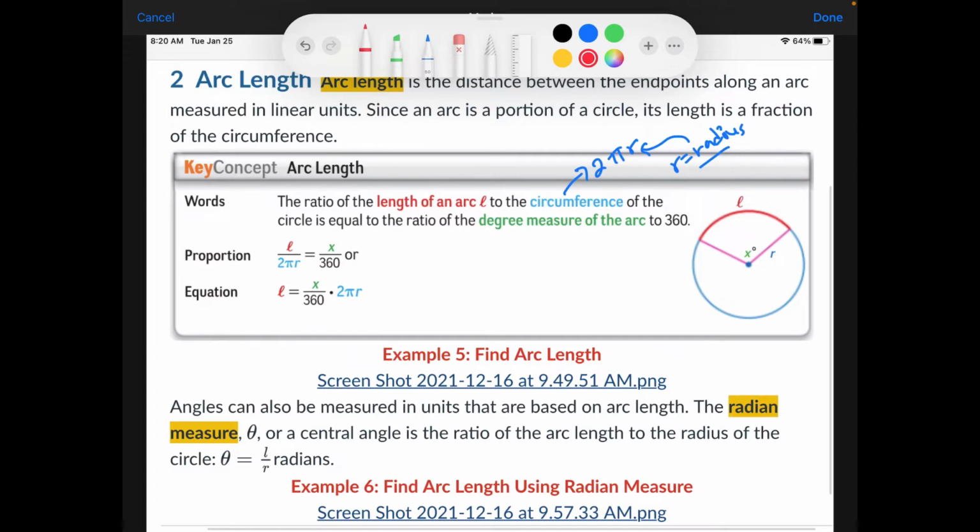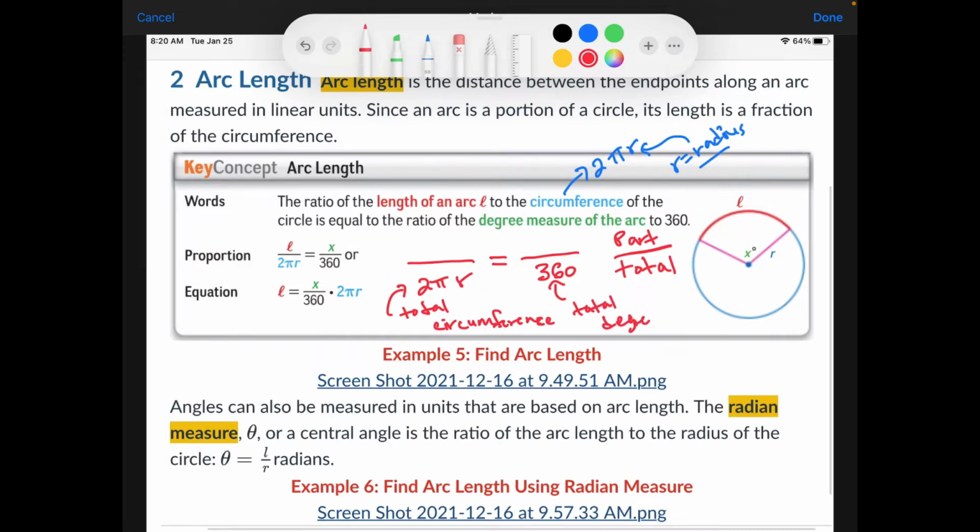Since all the way around the circle is 360, we put the total at the bottom and the part of the total at the top. So this is the total circumference, and this is the total degrees.